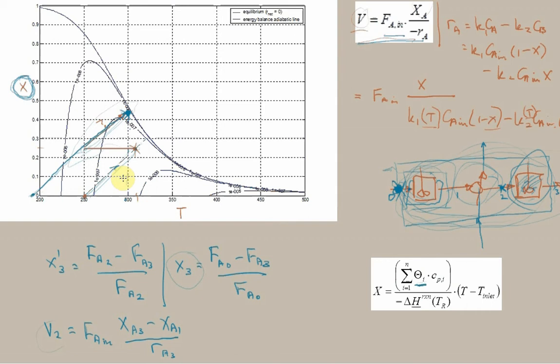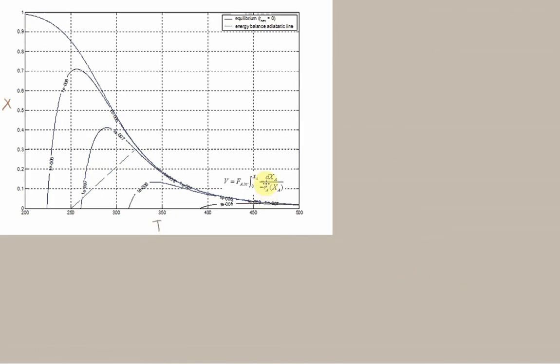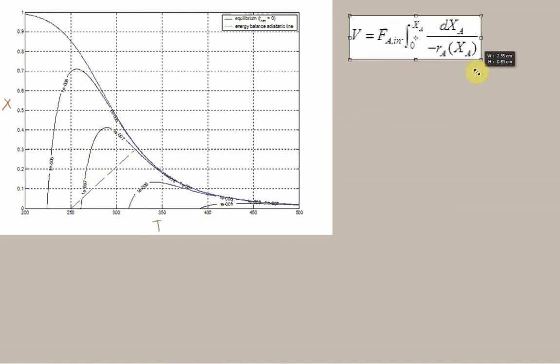So right now, let's look at calculating the volume for the plug flow reactor case. We see in this case that we require the integral of 1 over the reaction rate in order to calculate this volume. So you see here, the volume is FA in times the integral over XA of 1 over RA.